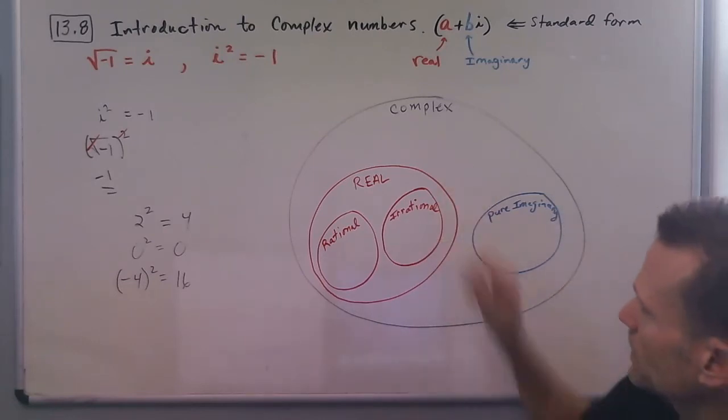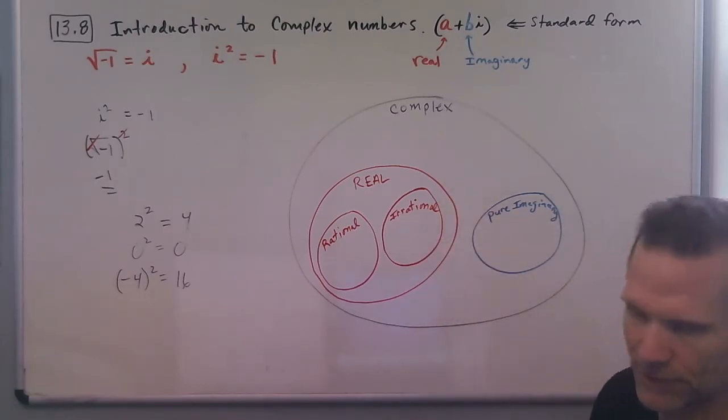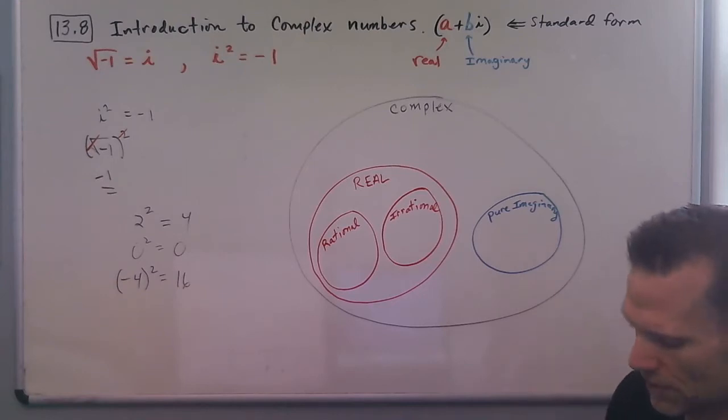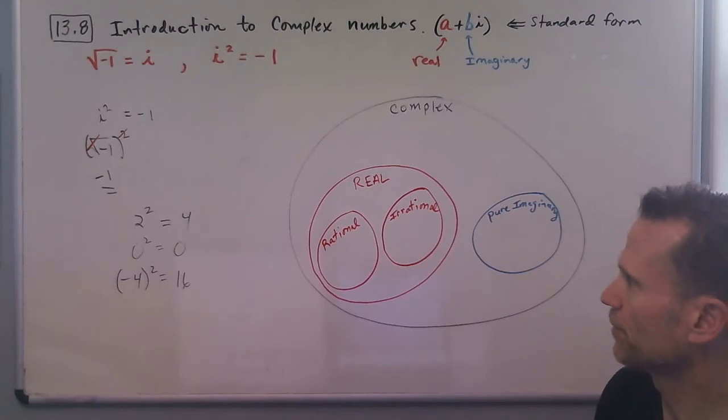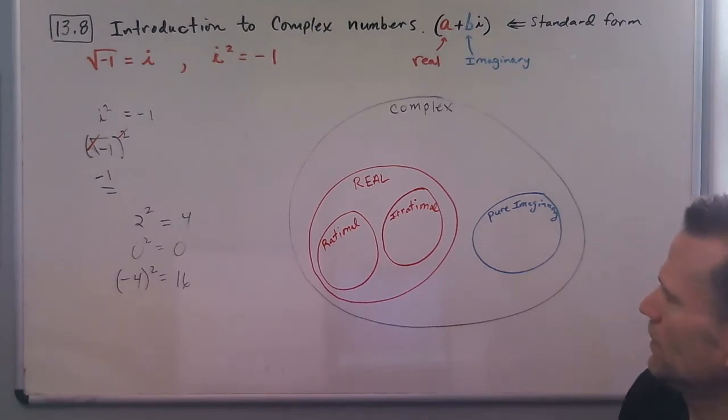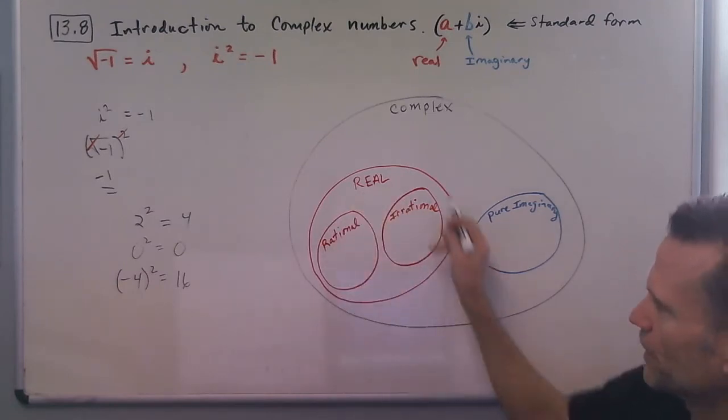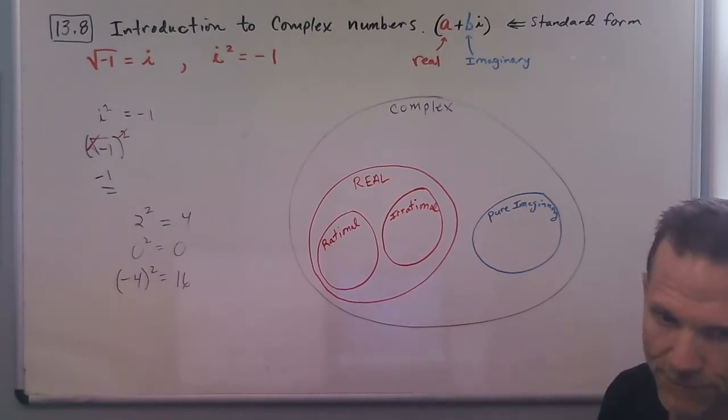So this is just a little diagram of the numbers that you know about so far, or should know about at the end of this chapter. This is the field that we've been dealing with all along in your life so far.